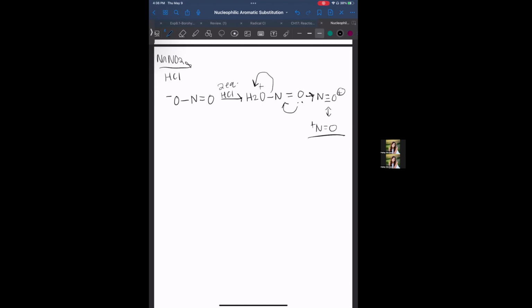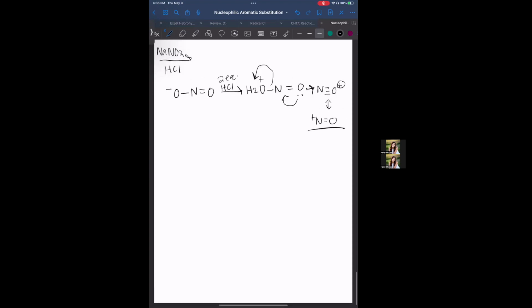And this right here is very reactive. So now that we have this NO, we can react this with our aniline. So let's take our aniline, which is, remember, this NH2 on a benzene ring, and we're going to react this with this NO. And so this lone pair on the nitrogen is going to come over, attack here.